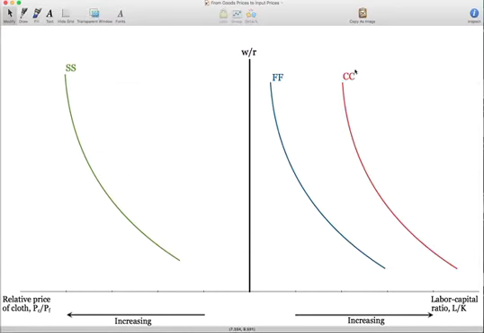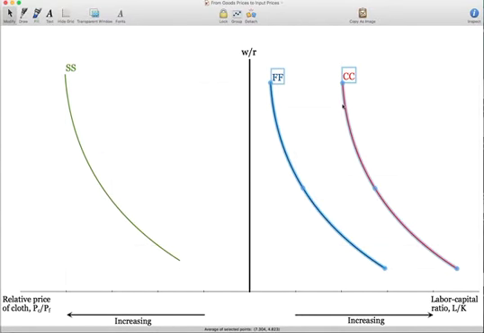The fact that the cloth industry is to the right of food production is telling us we're making an assumption. We are making an assumption that cloth production is more labor intensive. And as you can see from here, for every single wage rate, the ratio of the wage rate to the rental cost of capital, for every level of that, we end up having a higher labor capital ratio in cloth for every single one of these wage rental ratios.